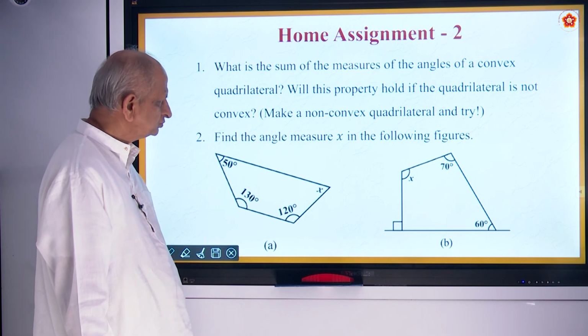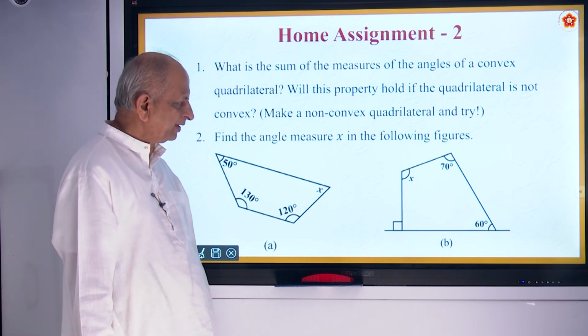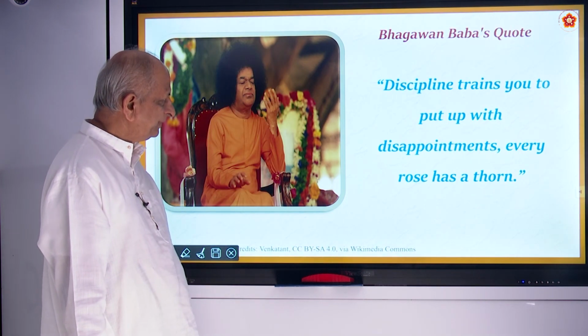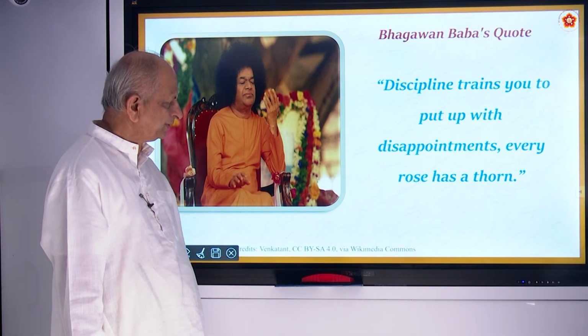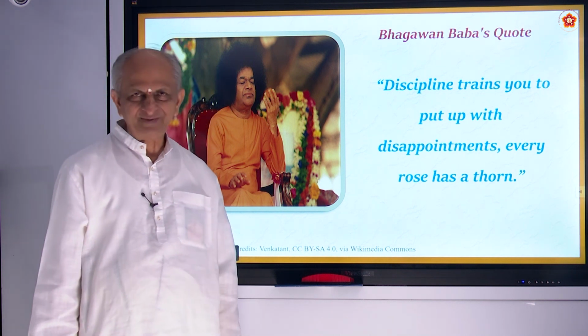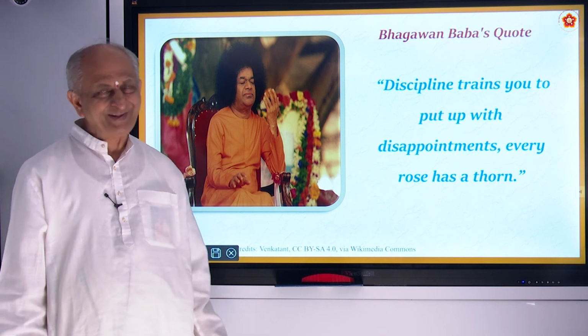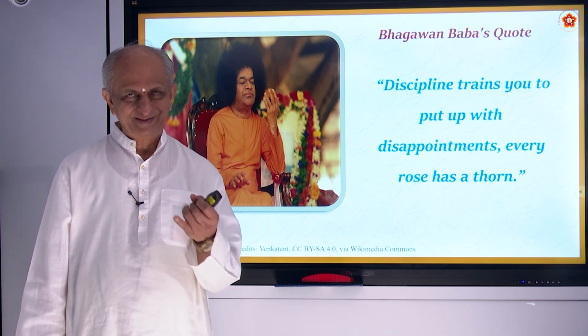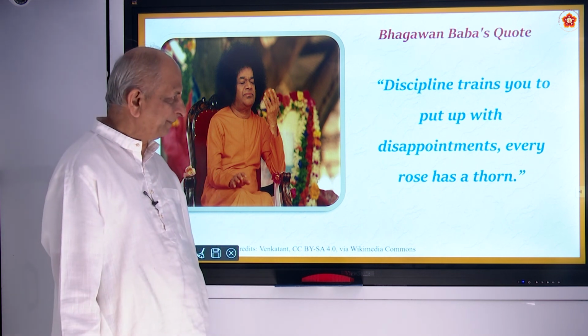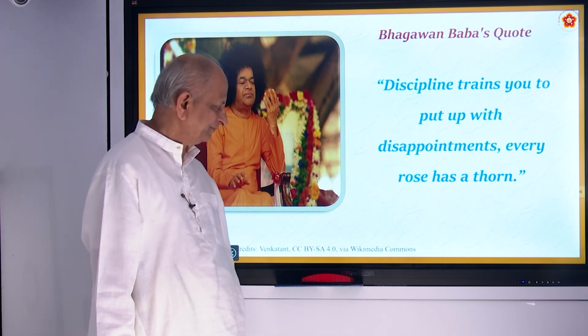Okay. So now let us see what Bhagwan Baba says. Bhagwan Baba says, discipline trains you to put up with disappointments. Every rose has a thorn. So we should be disciplined. Three Ds: discipline, duty, devotion. These are very important for improvement of the personality.